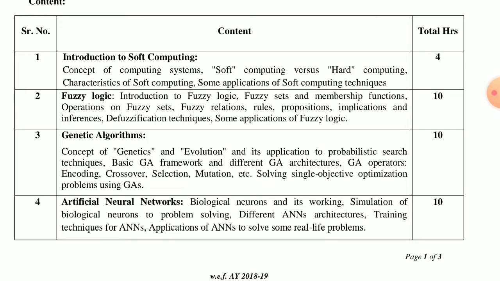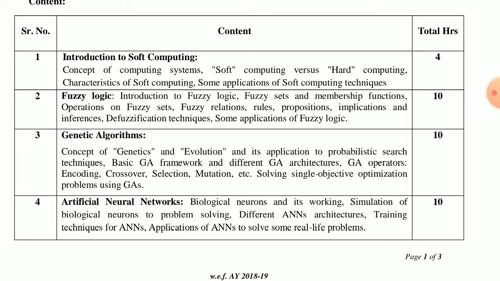Now chapter number 3, genetic algorithms, and the short form is GA. First, the concept of genetics and evolution and its application to probabilistic search techniques. In this chapter, first we learn genetics, the meaning of genetics, and then its evolution, when and why this GA came.